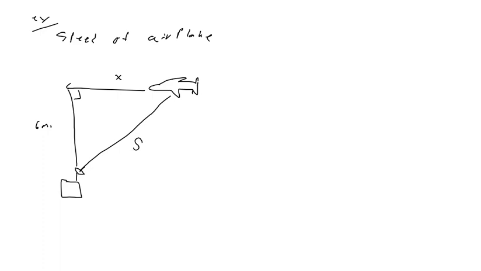So we know a few things about this situation. We know that this is the trajectory of the plane. The plane's going this way. It's going to fly directly over this radar station. We know that the radar pings the airplane, and we know that ds/dt decreases, negative 400 miles per hour, when S is 10 miles.